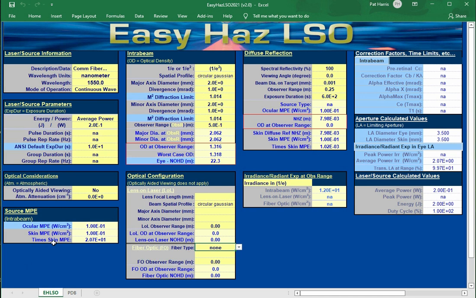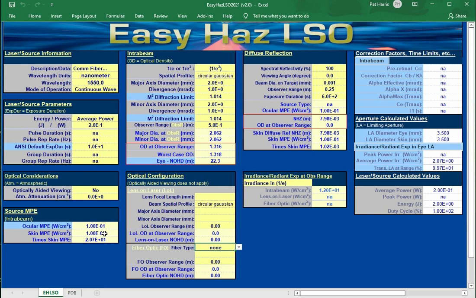So is this a skin hazard? Well, as an LSO, I would say yes. I would tell the user that if you put your hand in this beam, it's not going to be too bad, okay? We have an average power irradiance in the limiting aperture of 2 watts per square centimeter. We have an MPE of 0.1 milliwatts per square centimeter.